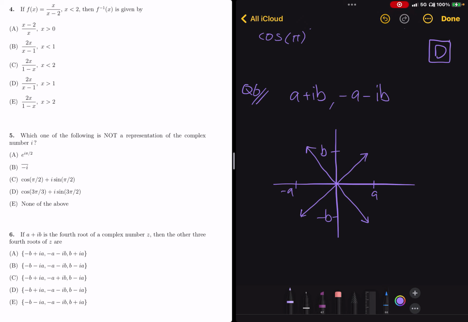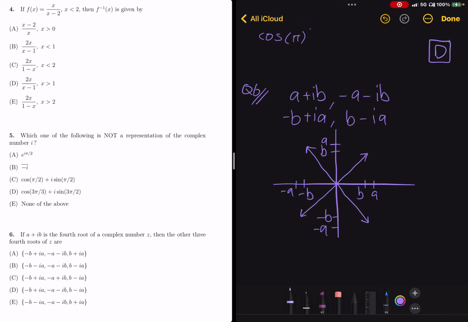So let's imagine a is larger than b. This will then be a, this will then be minus b. So one of these will have vector coordinate minus b plus ia, and then the other one down here, this value will be b, this value will be minus a, it will have coordinate b minus ia.